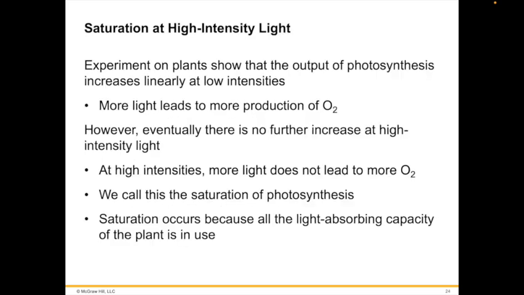Given the saturation observed with increasing light intensity, the next question is how many chlorophyll molecules have actually absorbed a photon. The question can be phrased this way: does saturation occur when all chlorophyll molecules have absorbed photons? Finding an answer required being able to measure both photosynthetic output on the basis of oxygen production and the number of chlorophyll molecules present.